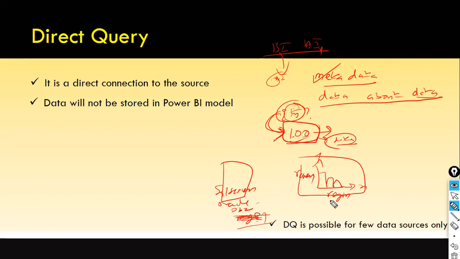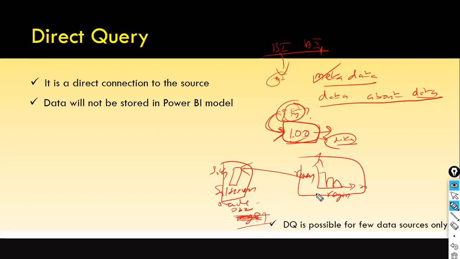All you do is drag and drop the columns onto the axis. But in this case, Power BI will query your source system SQL Server table. For example, the table name is sales table, and in the sales table these two columns are available.